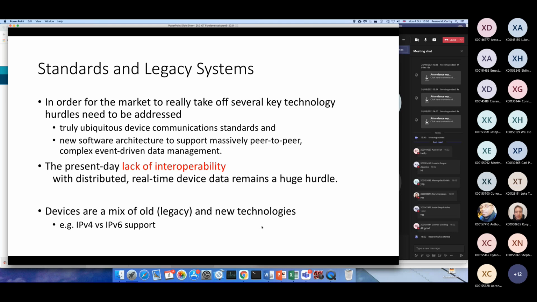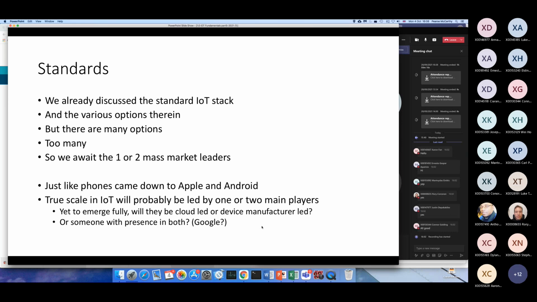You've IPv4 stuff, you've IPv6 stuff, a whole different mix of stuff, right? And what I'm trying to get at here is if you can draw the analogy with the way the phone market went, right? There were all these different types of phones, and we all know now that we're down essentially to two, right? There's Apple types or there's Android types.